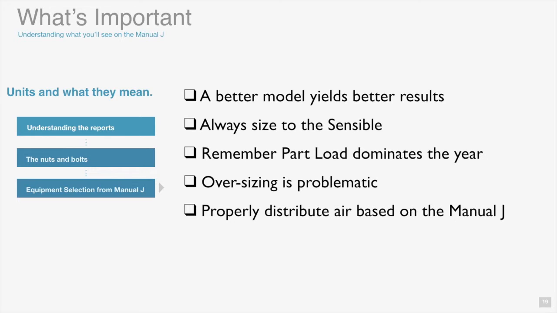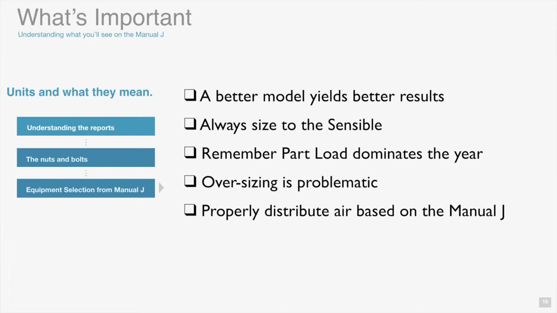To cover this further, oversizing is problematic. You really want to make sure that the sensible capacity of the unit is close to the sensible capacity of your load, or excuse me, the sensible load on the house. You rarely hear any complaints about undersized units. It's more often that you hear problems with oversizing.